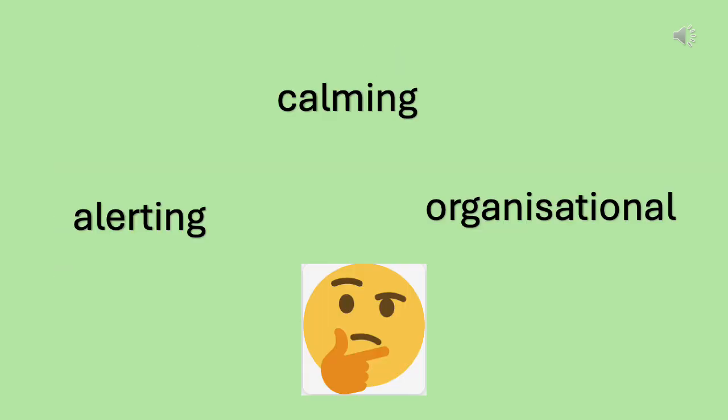I've taken some language here from the Sensory Circuits book by Jane Horwood, thinking about the purpose of the different sensory inputs that you are doing with a child. For some children, they need alerting, calming, or organisational input. And this is not a one size fits all. It's a little bit of trial and error to work out what works for your children.